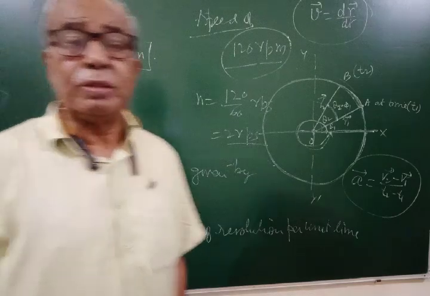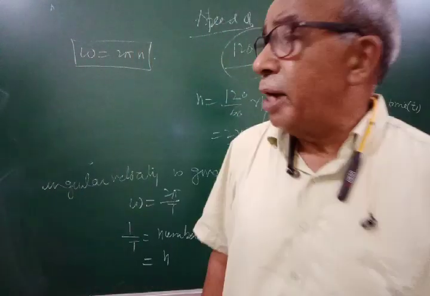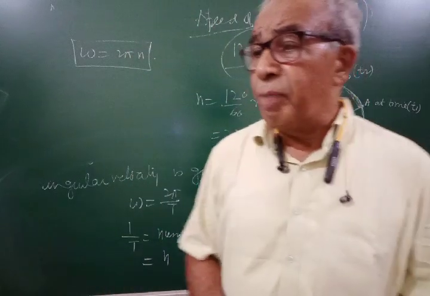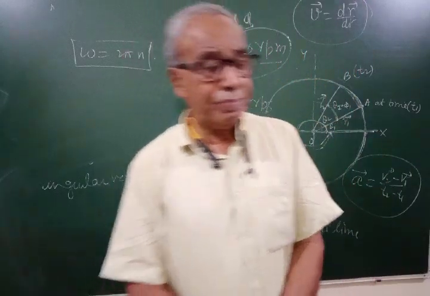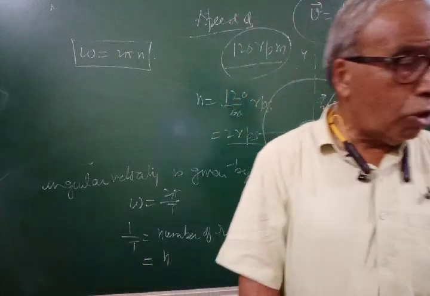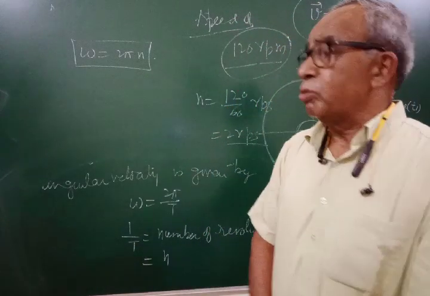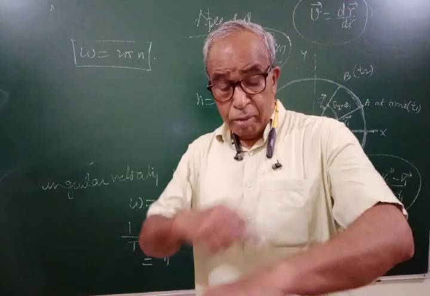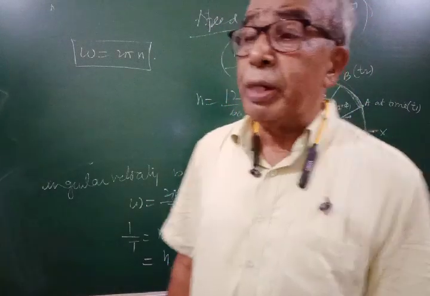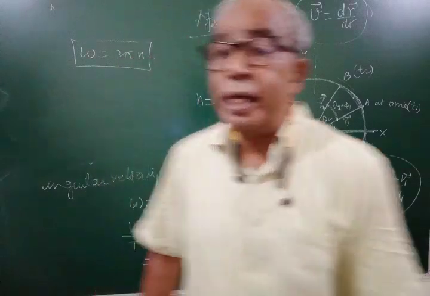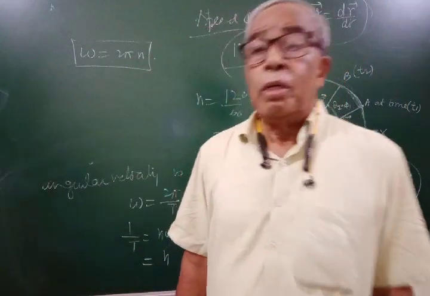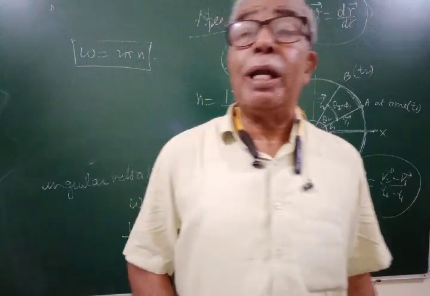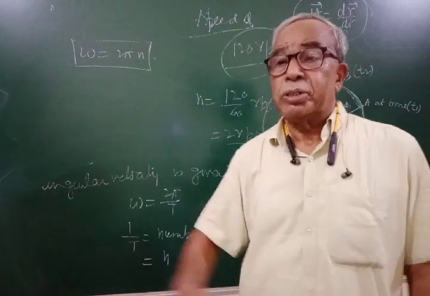For example, the clock has 3 needles. The second needle completes 1 revolution in 60 seconds. Therefore, the angular velocity of the second needle is 2 pi upon 60, pi by 30 radian per second. The minute needle completes 1 revolution in 1 hour, so that is 2 pi radian per hour. The hour needle completes 1 revolution in 12 hours.